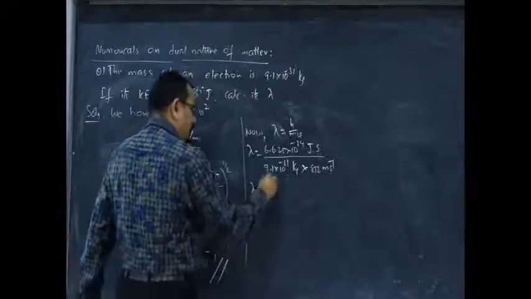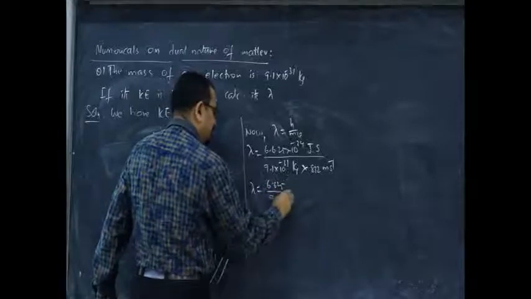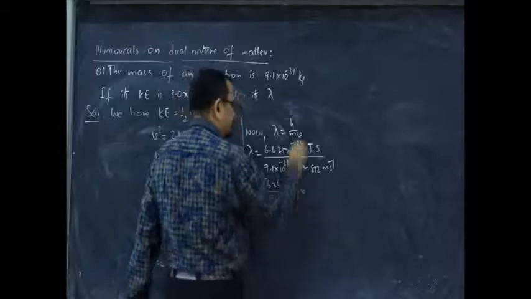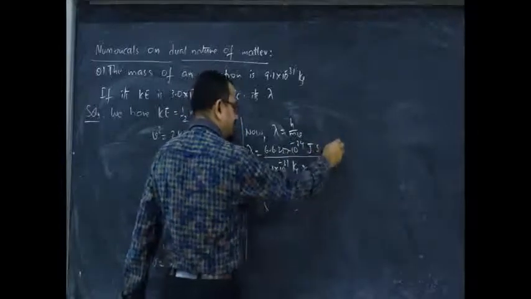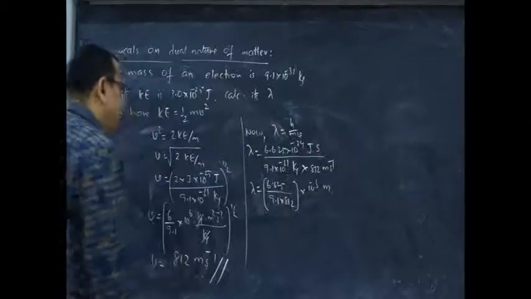Again, on this product 6.625 by 9.1 into 812, this is the product we have to do, into 10 power minus 3. This is kg meter square second inverse square, meter will be cancelled, meter will be left.